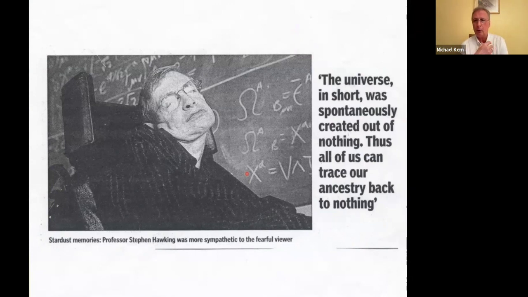Thus, all of us can trace our ancestry back to nothing. In other words, if we want to go back to the source, back to from where it is we came, then we come to a state of nothing. We come to a state of spaciousness. We come to a state of emptiness.